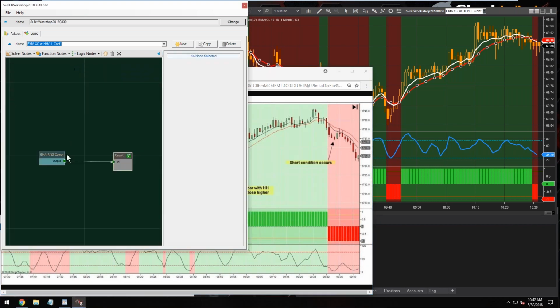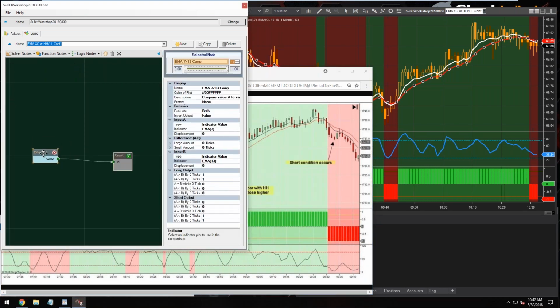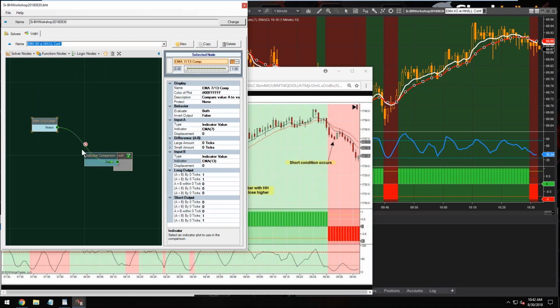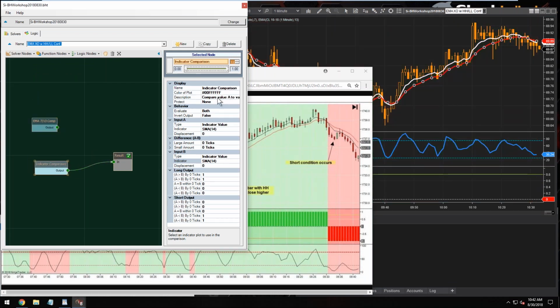That is going to be some comparison solvers as well here. So let's grab another comparison solver. Let's plug it in there. This comparison solver will be looking for higher highs or lower lows here.